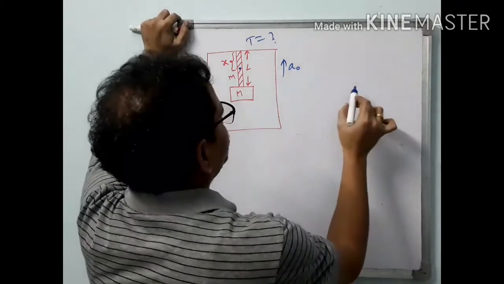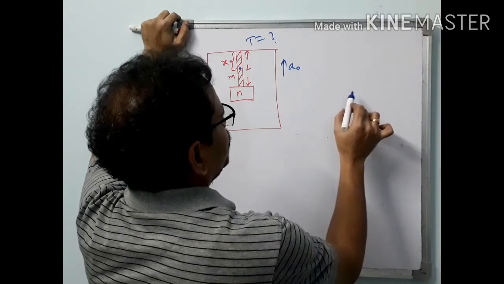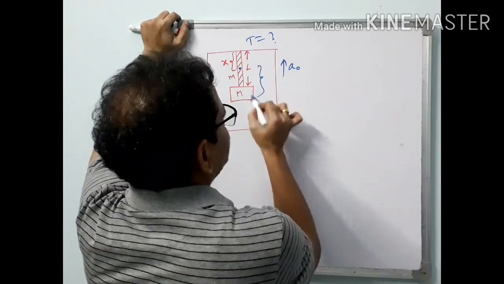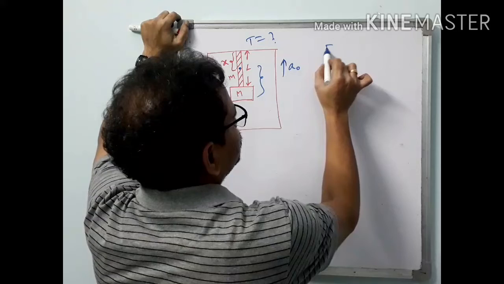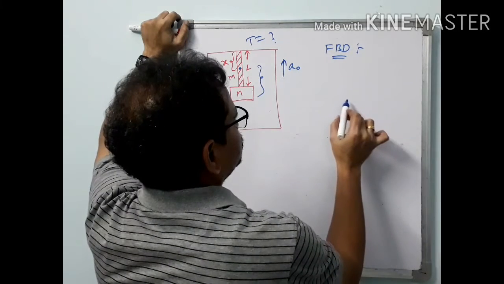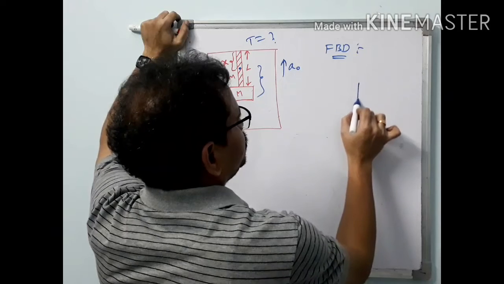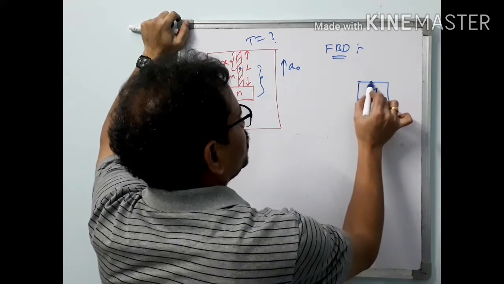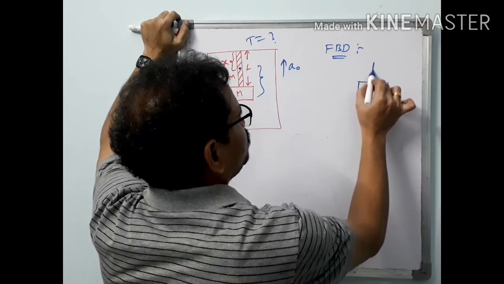So I am choosing this part as FBD. So you know what I am choosing as FBD? This block, as well as this part of the rope.